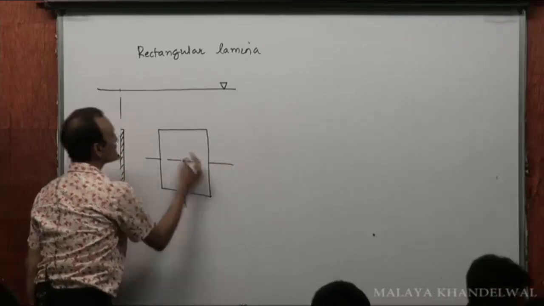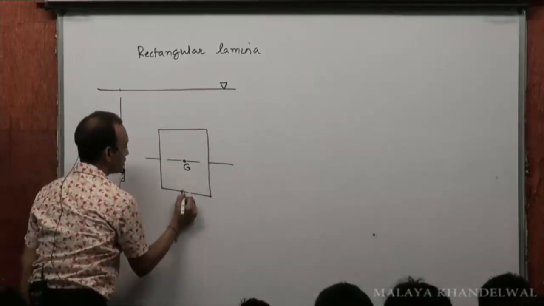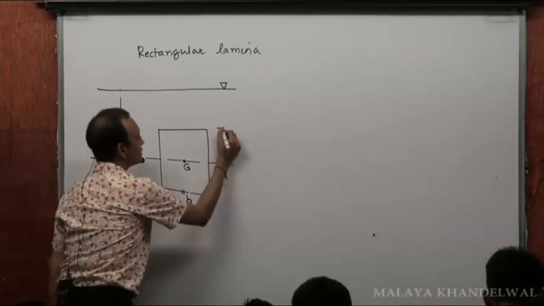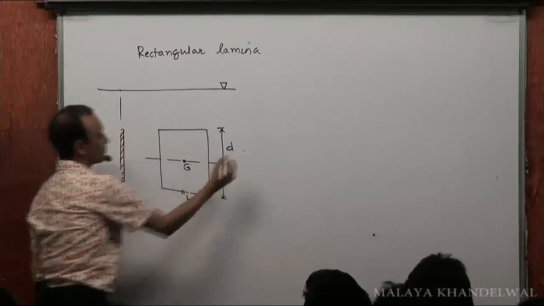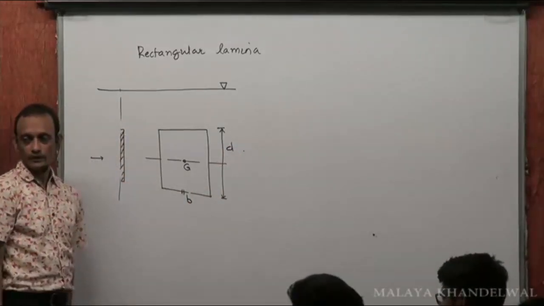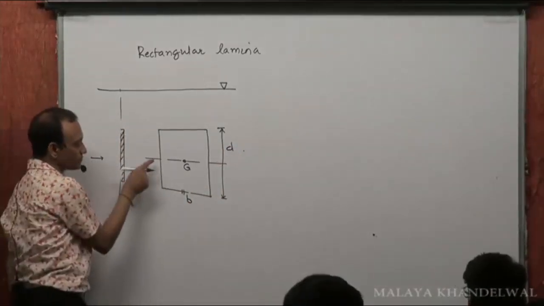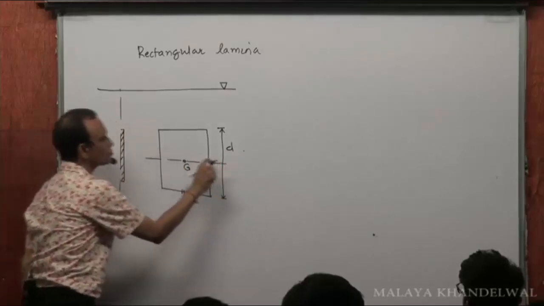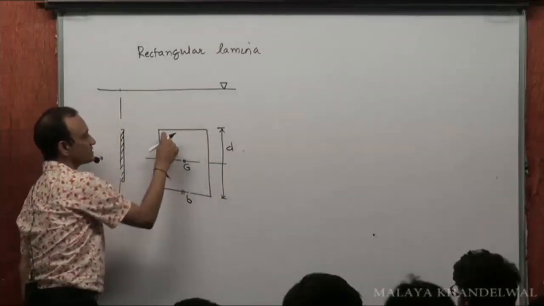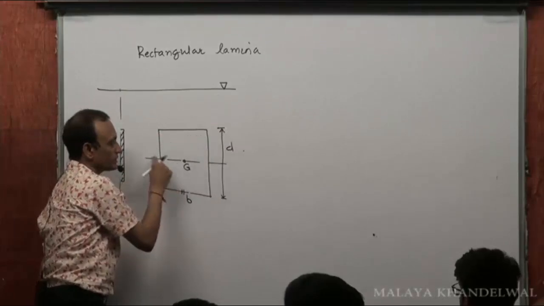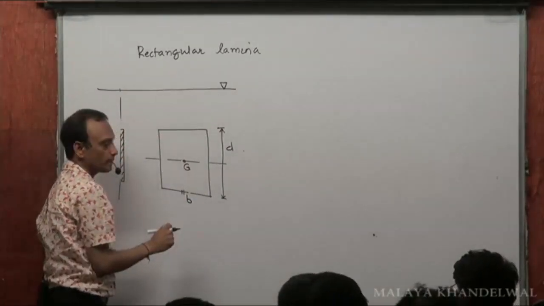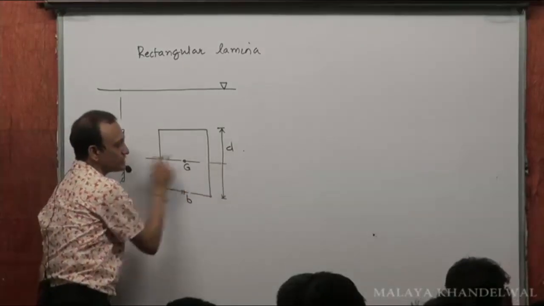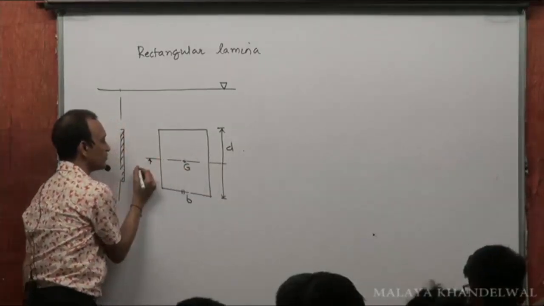This is an axis. This is the base B, and this is the length D. So we are calculating IG. IG means I choose an axis passing through G and parallel to the free surface, therefore parallel to the base B, right? So I want to find IG about this axis.